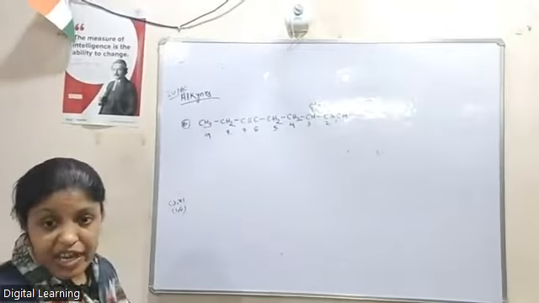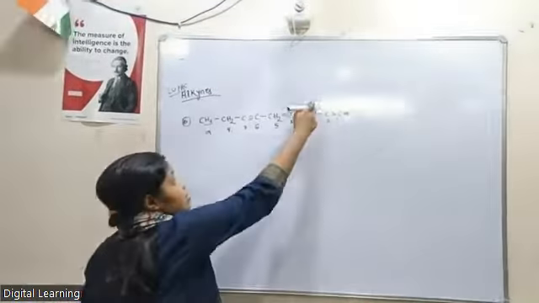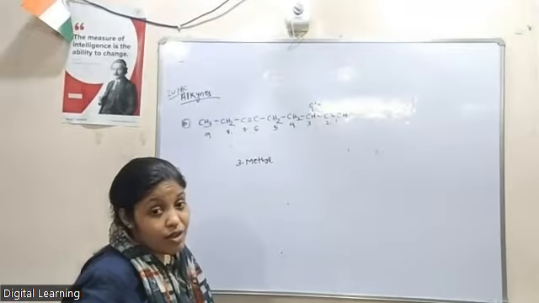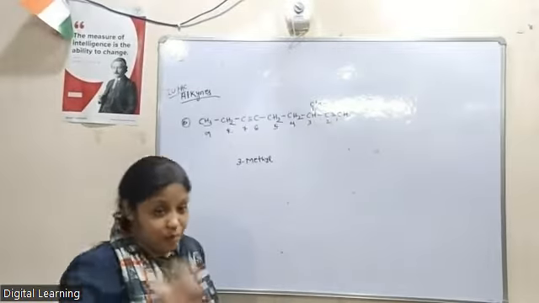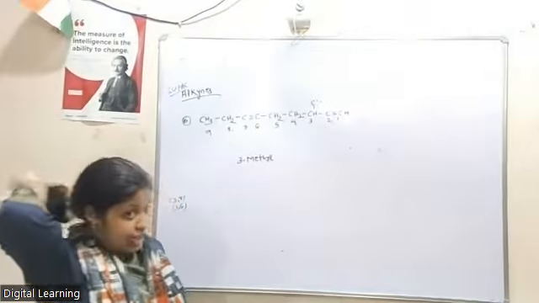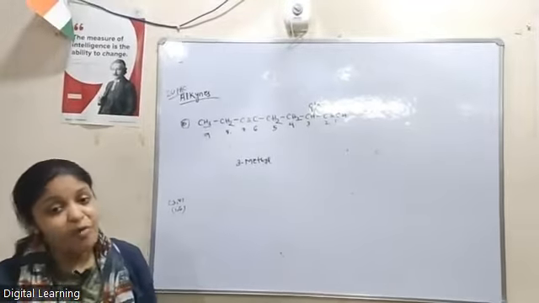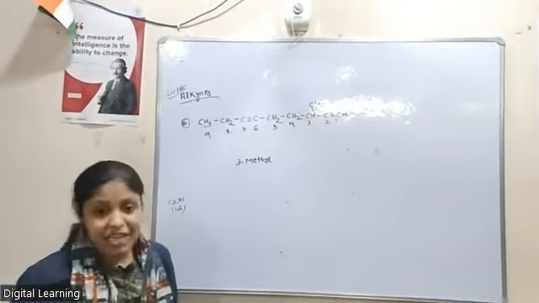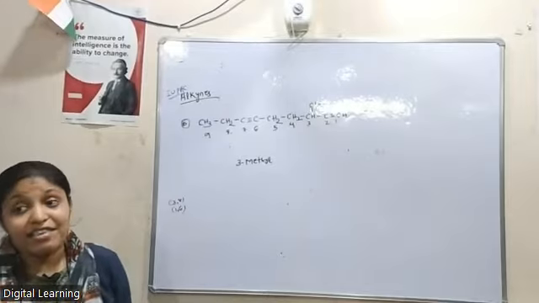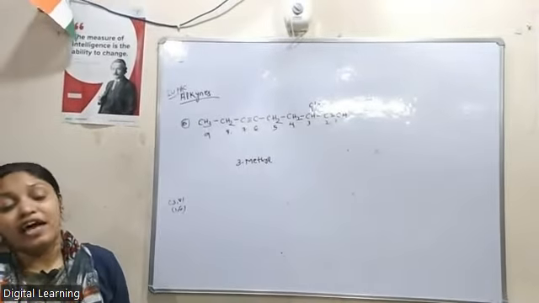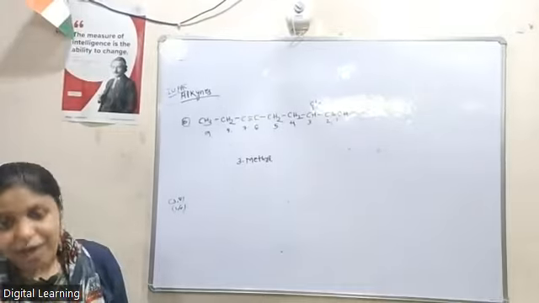For the prefix, we have to write 3-methyl, as at position 3 there is a methyl group. Then the word root will be nona. I have also told that if more than one double bond or triple bond is present in the main carbon chain, then an additional a will be introduced after the word root, like buta, hepta, penta.